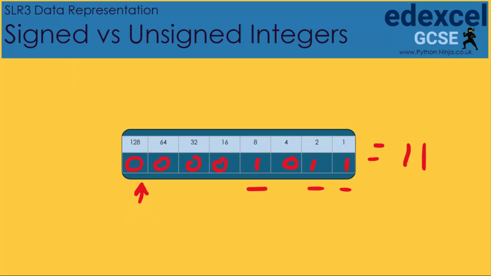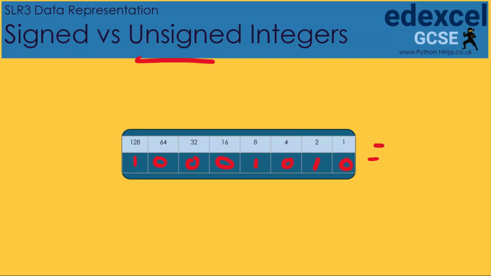Okay, let's do another one. What should we do? Positive or negative? Signed or unsigned? Okay, unsigned integer. This is an unsigned integer. What is the value being represented here? Pause the video.